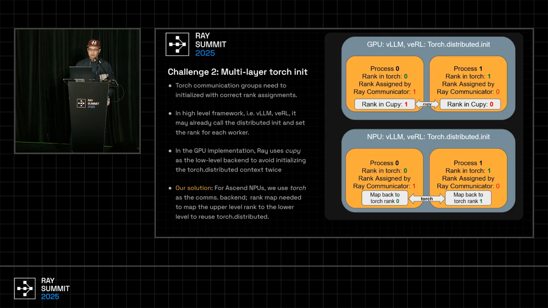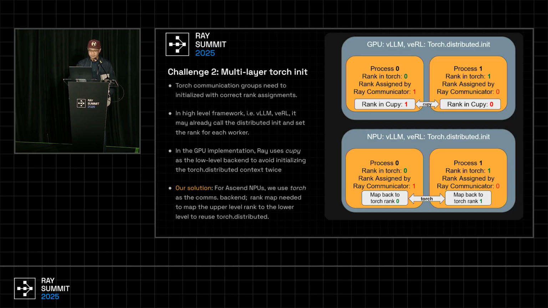The more challenging problem we have is related to the life cycle of torch communication groups, where it could get double instantiated in some cases outside of Ray and inside of Ray. So it turns out some frameworks, including vLLM and VRL, initialize their own torch distributed runtime ahead of time and assign ranks for each worker.